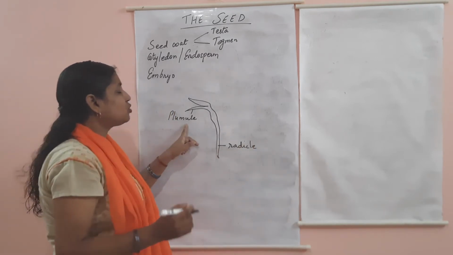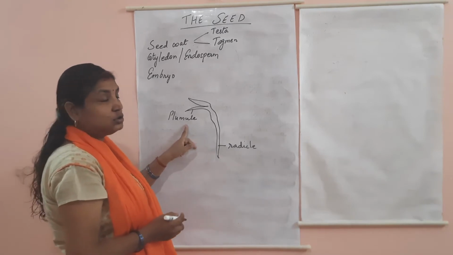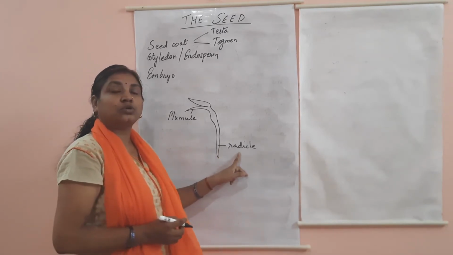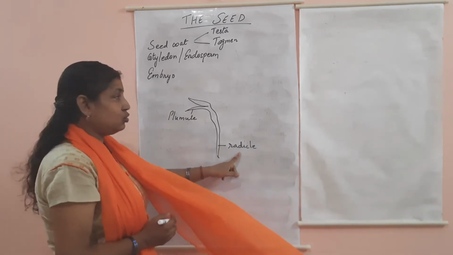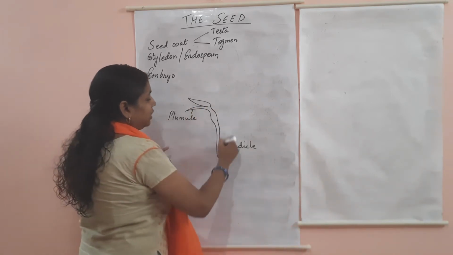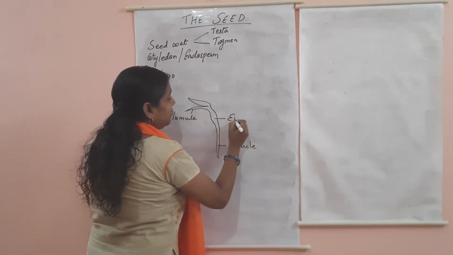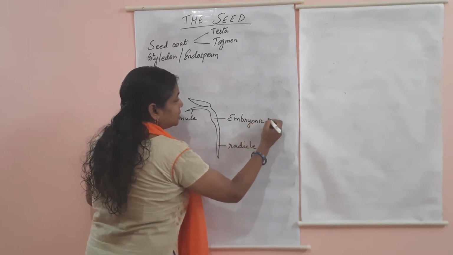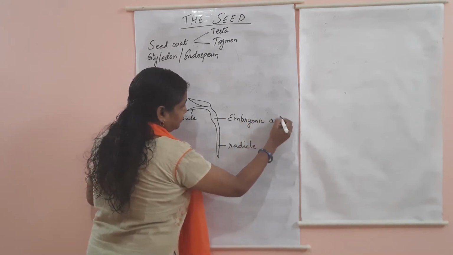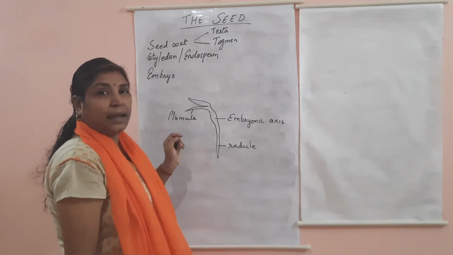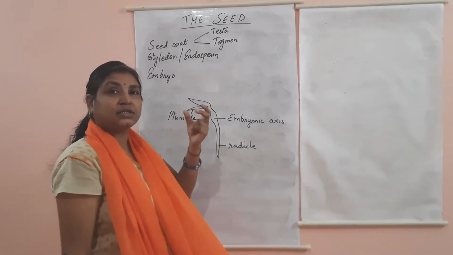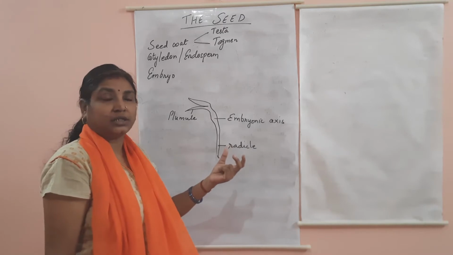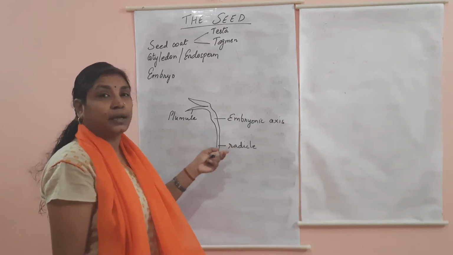The plumule is going to grow into future shoot and radicle is going to grow into future root. In between these two, there is an embryonic axis to which both the parts are attached. This embryonic axis is the central point which attaches both plumule and radicle.